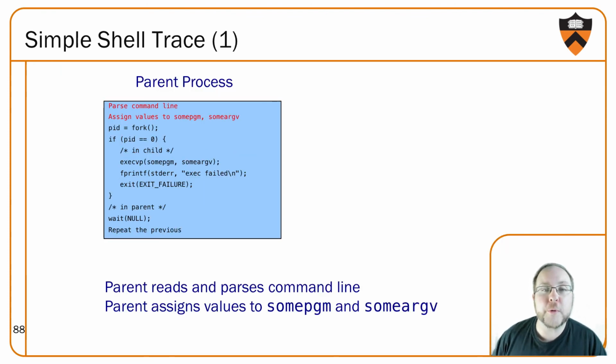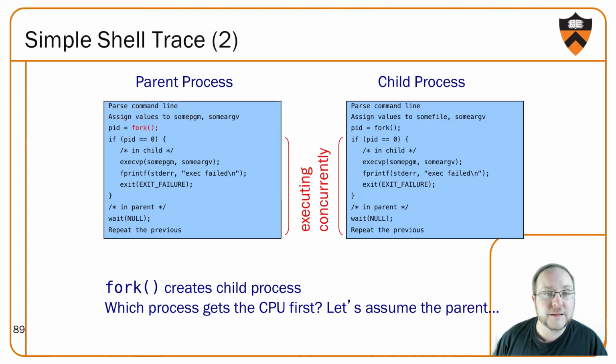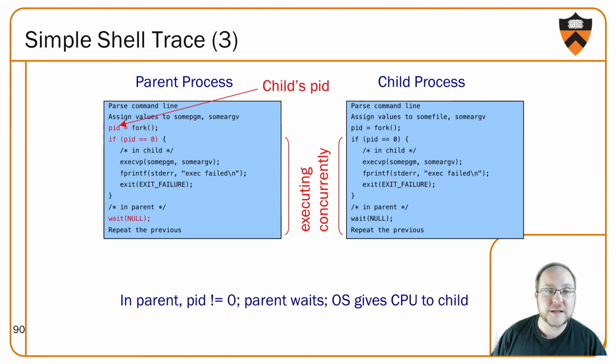In pseudocode, we parse our command from the user, and we set up the command and arguments to be passed into exec. The fork here succeeds, so there's a child process. If the fork failed, we'd have to handle that. But here, the fork succeeds, there's a child process. If the parent ran first, it waits immediately. This means the child will run. This makes sense. At a shell prompt, when we start running a command, we're going to wait until it's done.